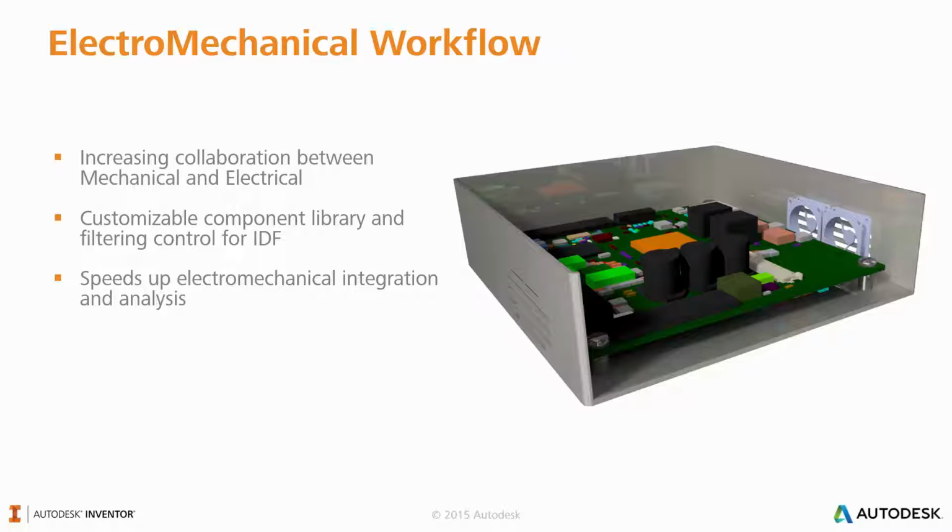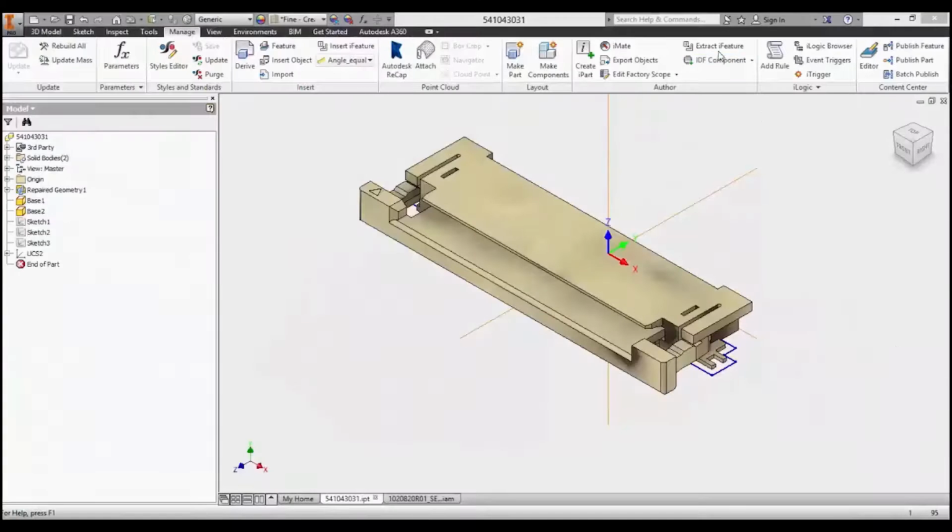So looking at the transfer of data between an electronic system and a mechanical system. This new functionality enables electronic designers and mechanical designers to work much more intuitively, hand in hand, and be able to share data much more easily. So let's have a quick look at that workflow.